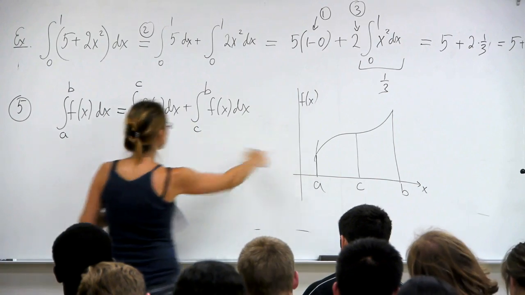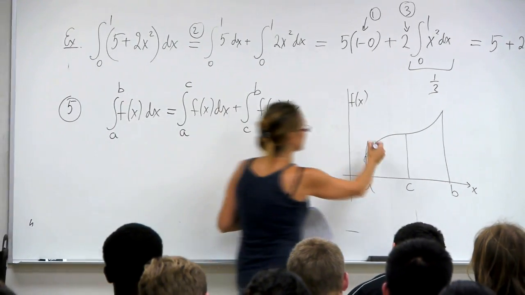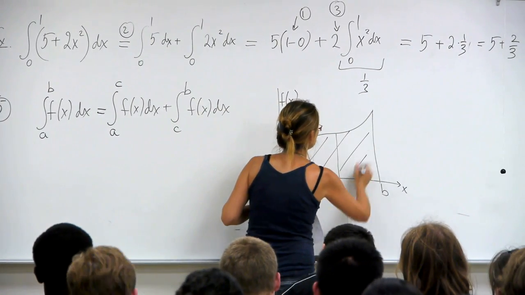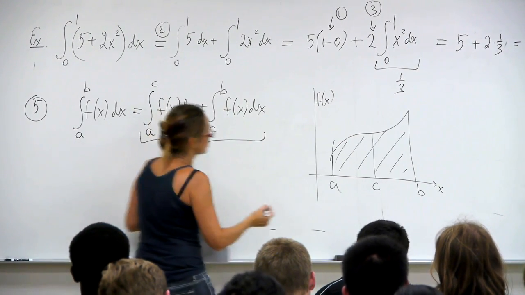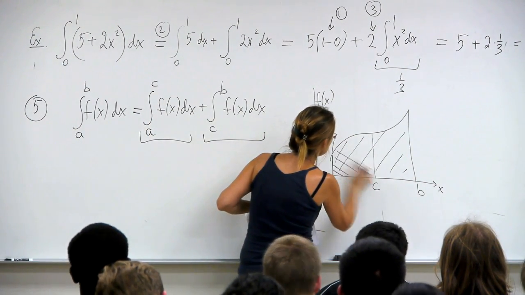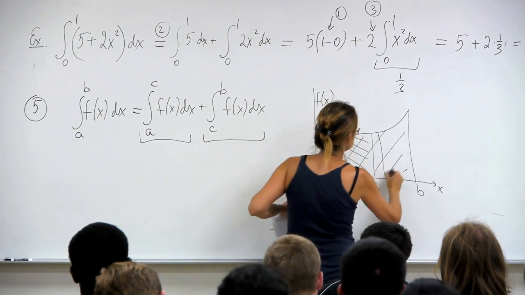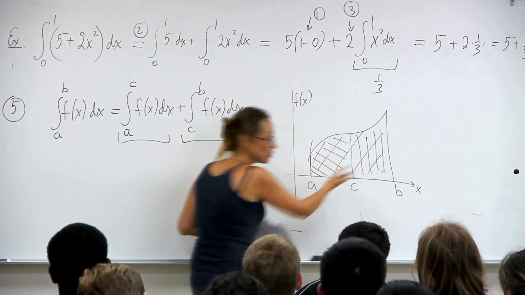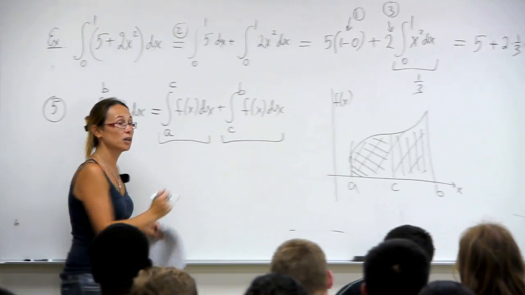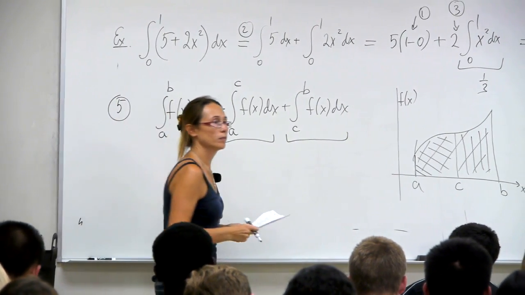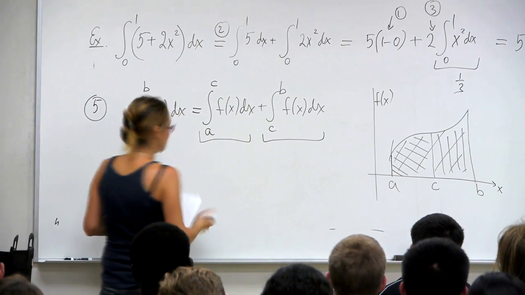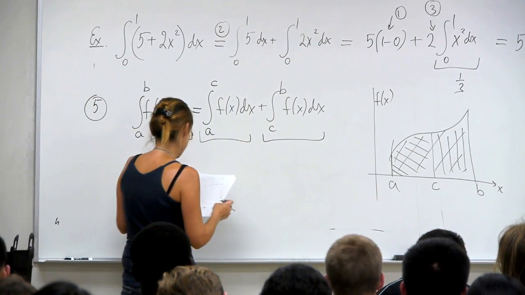On the left, we have the area under this curve, the whole thing. Now on the right, we have two integrals, which is this area and this area. You add up the two, and you get the full thing. Right? So this is the meaning of this property.